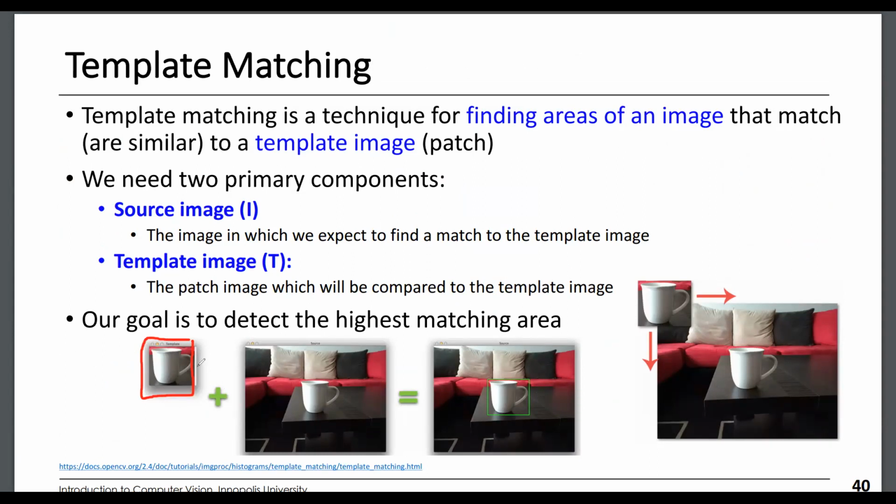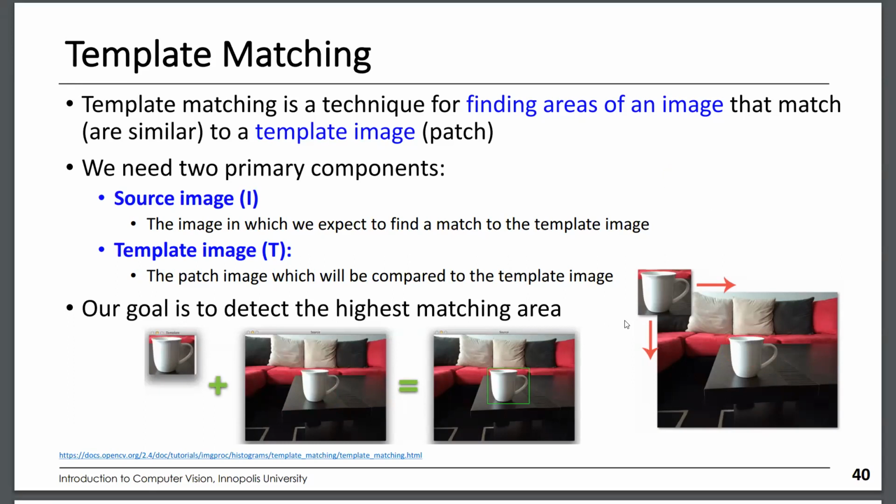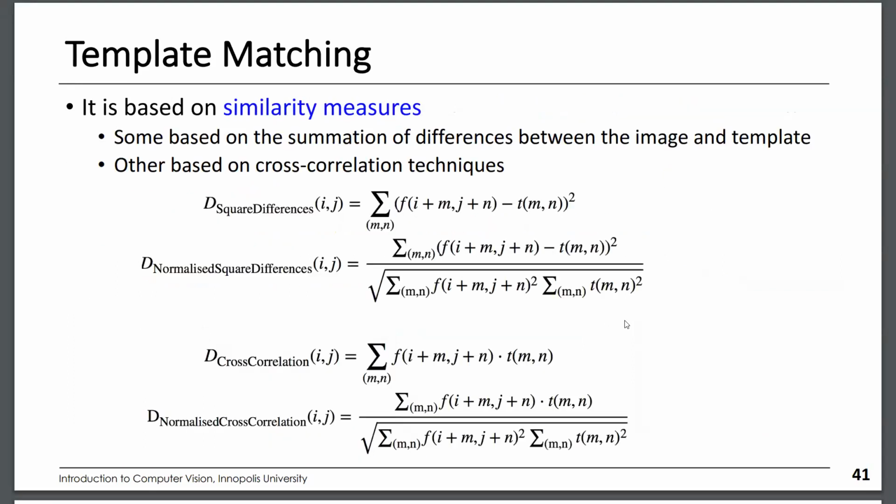What we do is slide our cup through the image and do a pixel by pixel comparison. If the difference is smaller than a certain threshold, we say there is an object here. If it's bigger than the threshold, we say there is no object in this area.